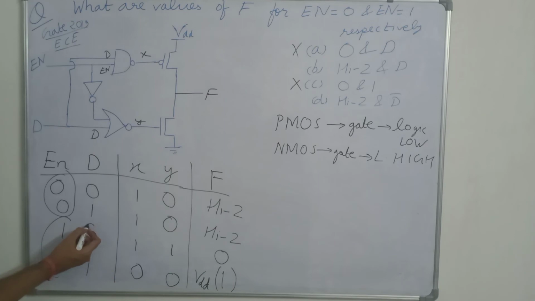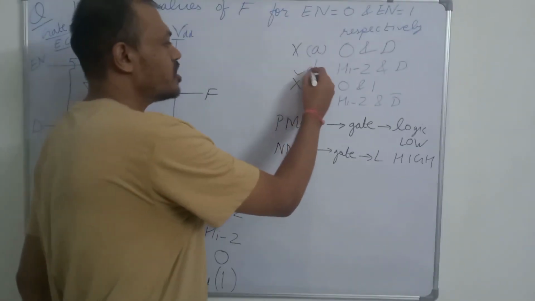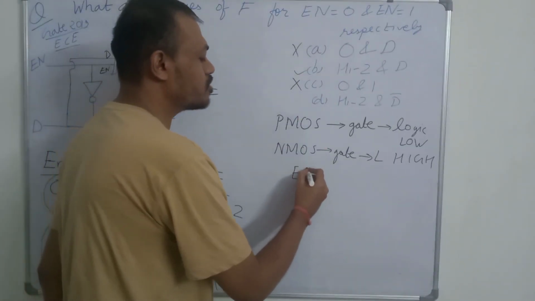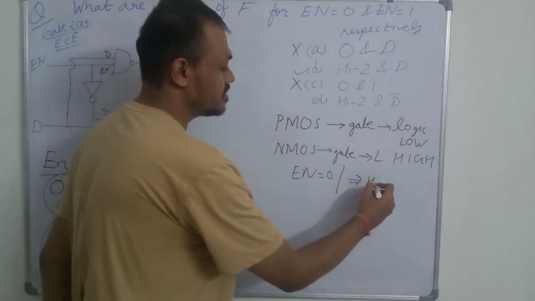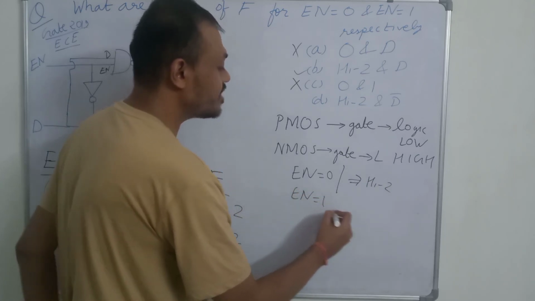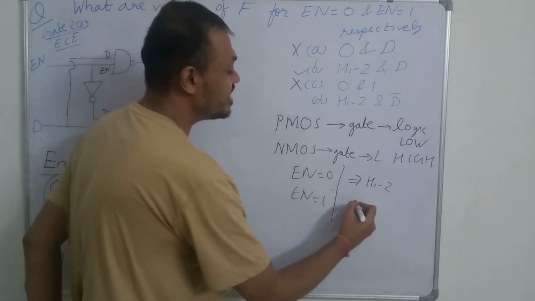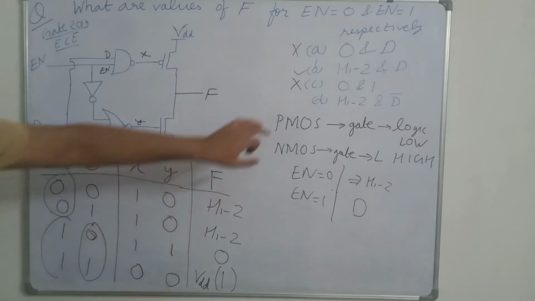So for enable equal to 1, the output is equal to the input D. So the correct option is option B.